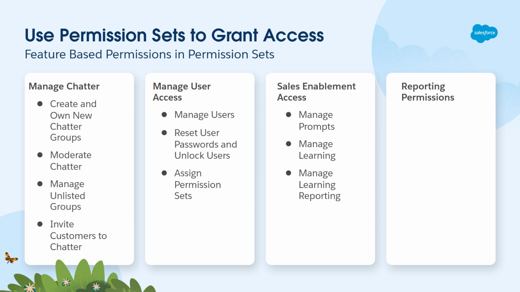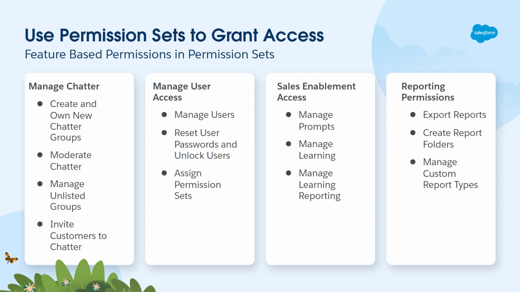And then last one I've got on screen here, reporting permissions. So those people with extended access to reports, so they can export reports, they can create the folders, they can manage the custom report types. Okay, so there's some ideas of 3 different ways of grouping permissions into permission sets.